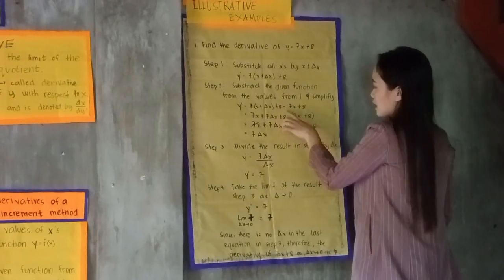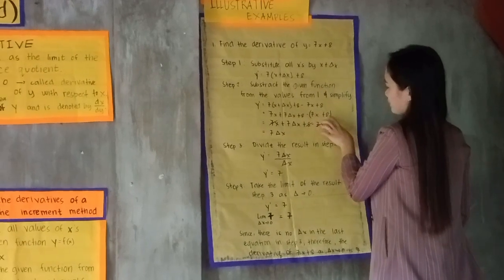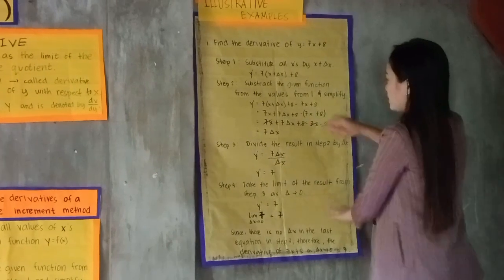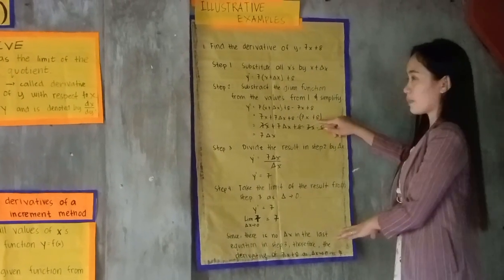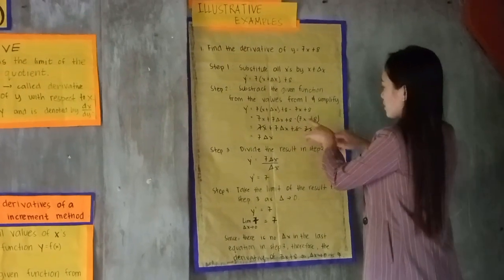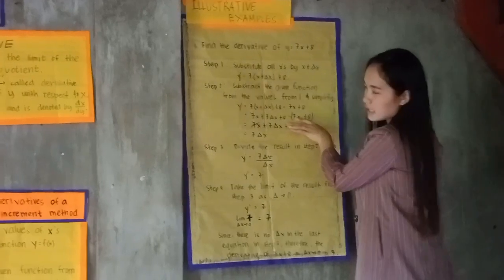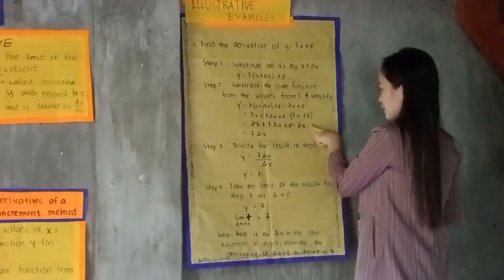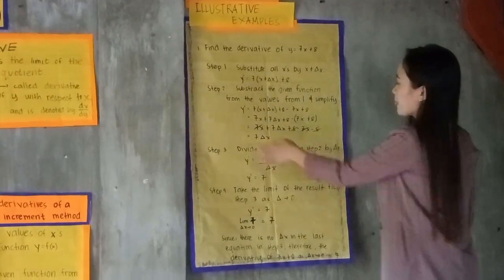Then, since we have here a negative sign, all of the terms sa loob ng parentheses ay mapapalitan yung kanilang sign. So, ang mangyayari is yung positive 7x maging negative 7x na siya, at yung 8 maging negative 8 na siya. So, ito nangyayari dito sa baba niya.